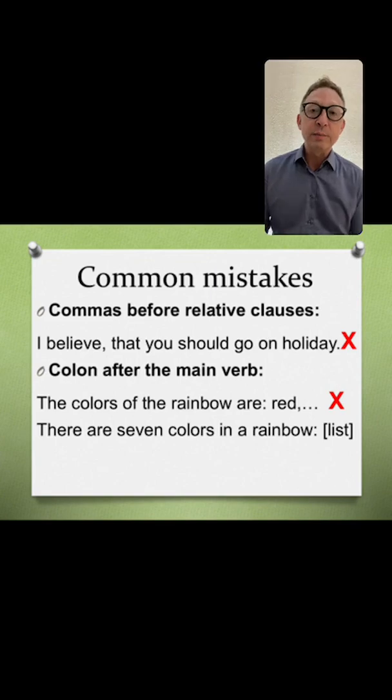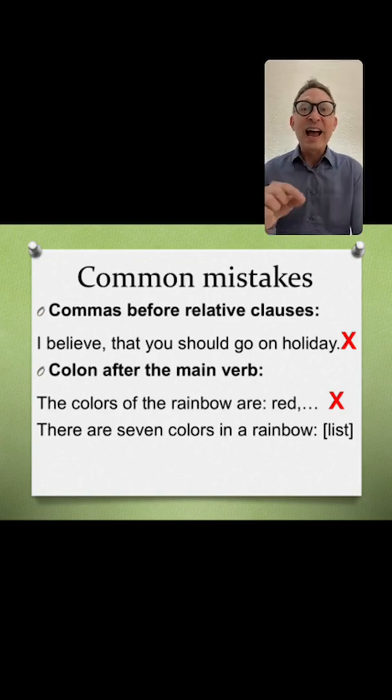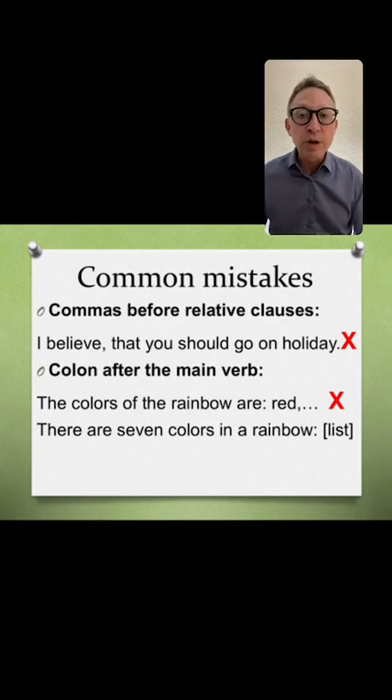The second idea with this is that a lot of people feel obligated or comfortable putting a comma after the main verb. And this is also wrong. A comma after the main verb is another problem with commas, and also a colon after the main verb. So this is a problem in two different ways.